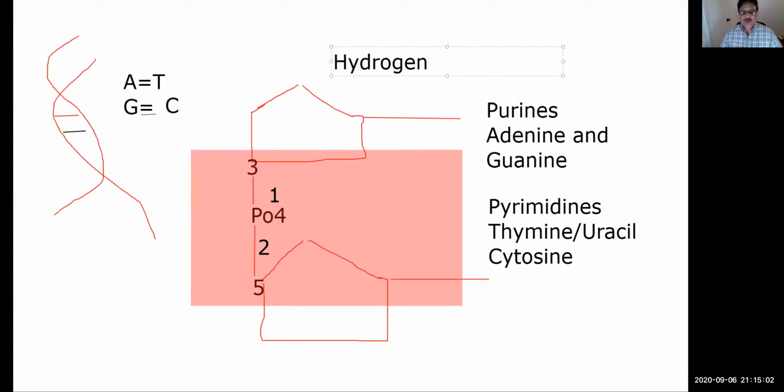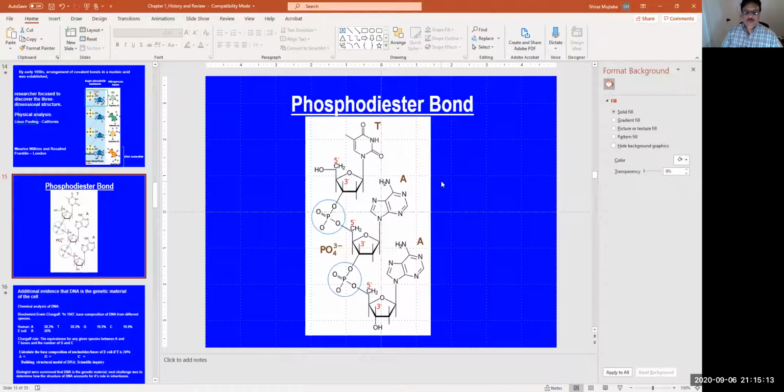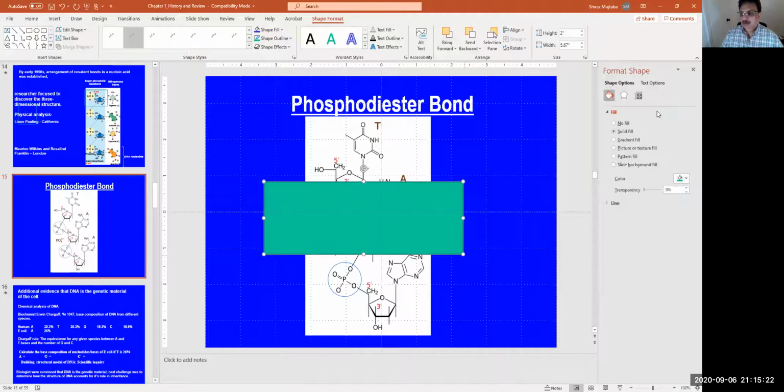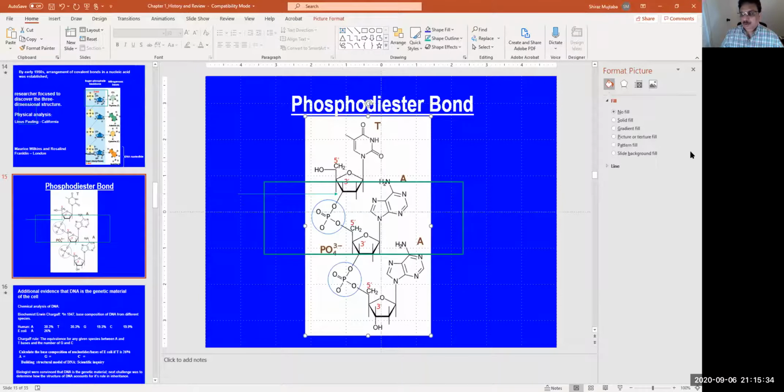So we understood a little bit of the chemical structure of DNA. Now let's look a little bit deeper into the phosphodiester bond. This is what I mentioned, the phosphodiester bond here, if you see, it is connecting to the third carbon atom, right?